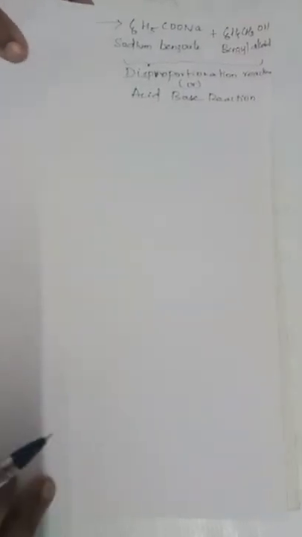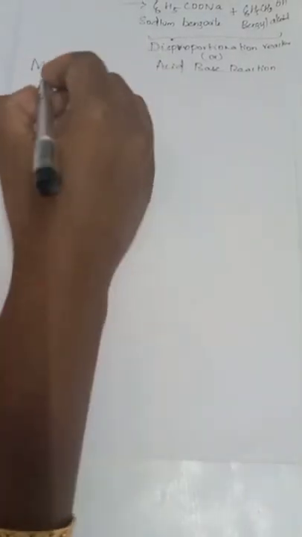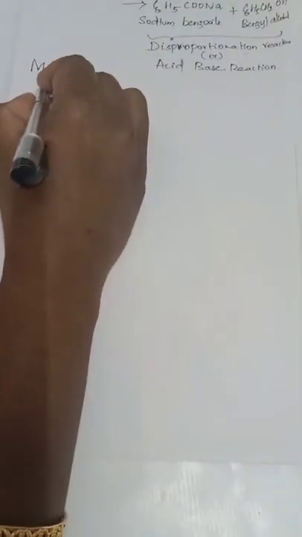Next we are going to carry out the Cannizzaro mechanism. This Cannizzaro mechanism occurs in 3 steps. But in the aldol condensation reaction, we carry out the mechanism using how many steps? 4 steps, right? Here the mechanism occurs in 3 steps.